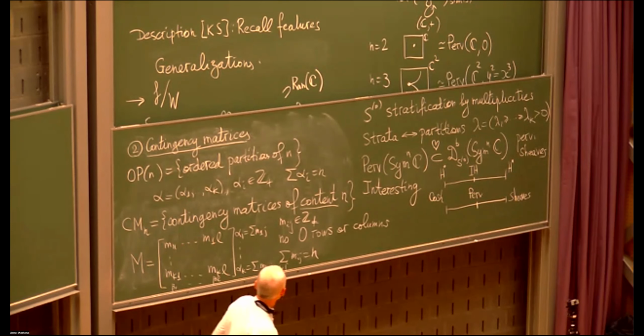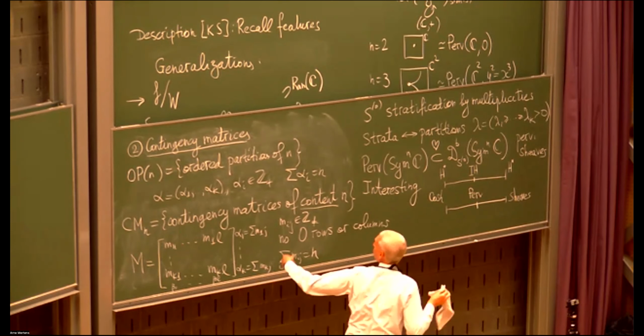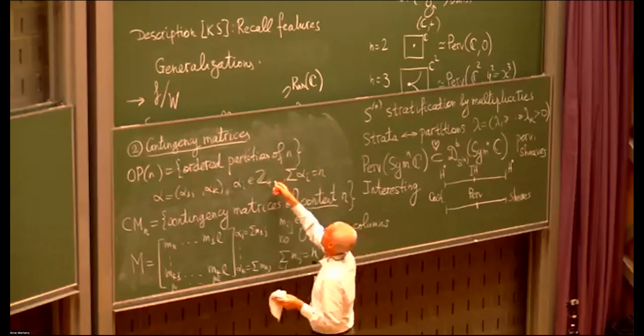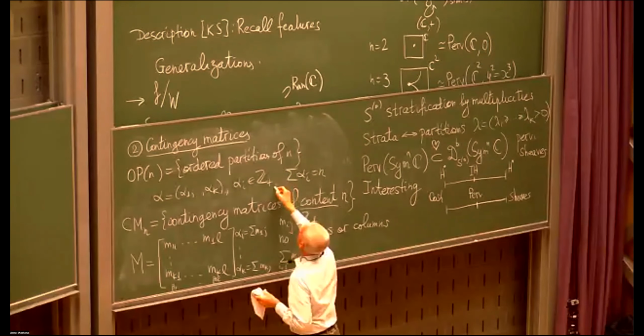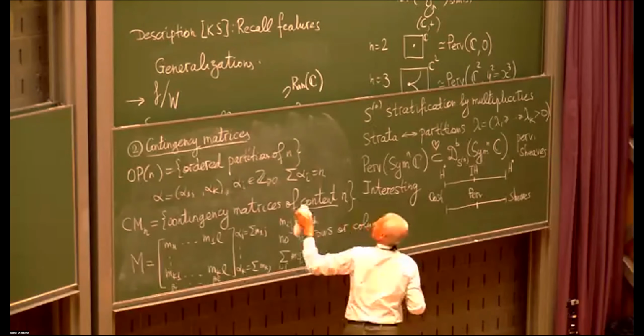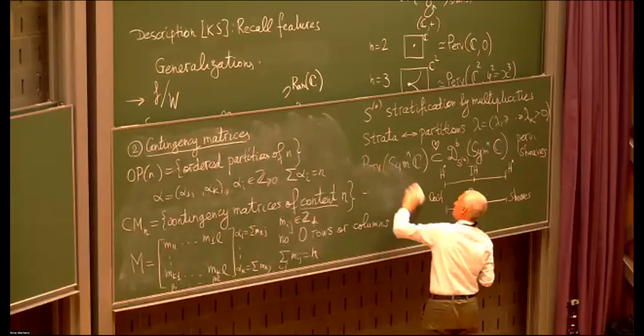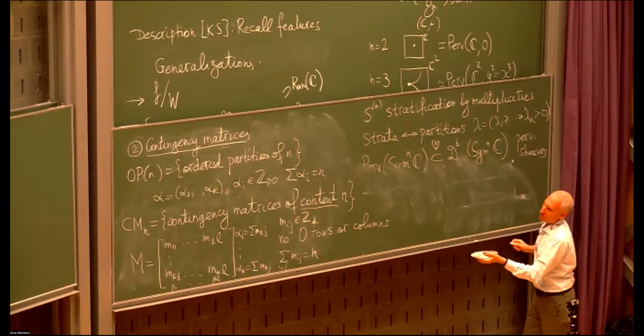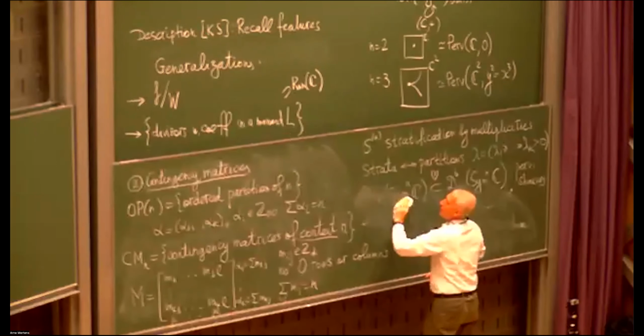So I associate to such a matrix two ordered partitions. Here I should say it's also not equal to 0, I write strictly positive. That's why I get two ordered partitions, which are known as the margins of this matrix.